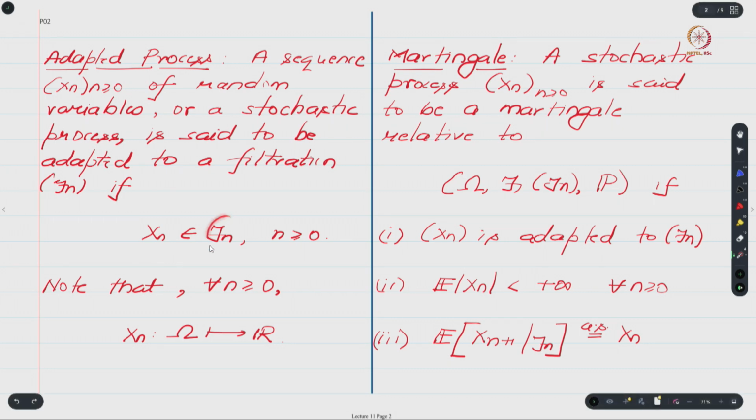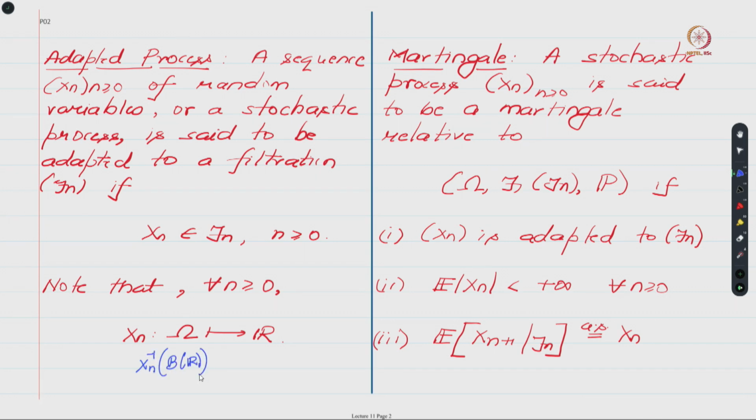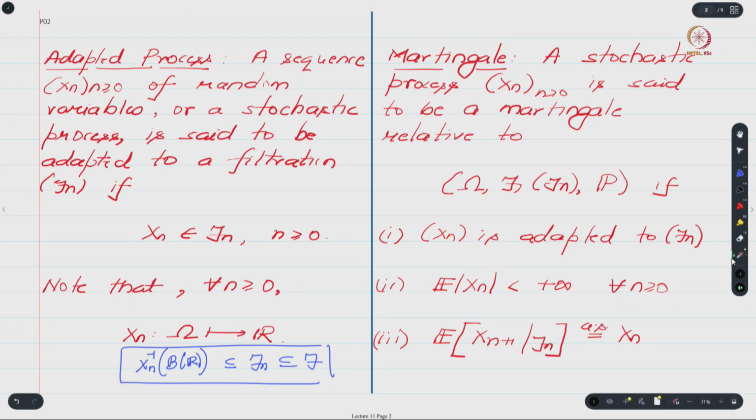What I mean is that Fn is a sigma field and Xn is measurable with respect to Fn, and recall that Xn is basically a map from omega to R. So all Xn's are defined on the same probability space, and Xn belongs to Fn, which basically means that Xn inverse of B of R is a subset of Fn, which itself is a subset of F. Okay. So this is what I mean by an adapted process.